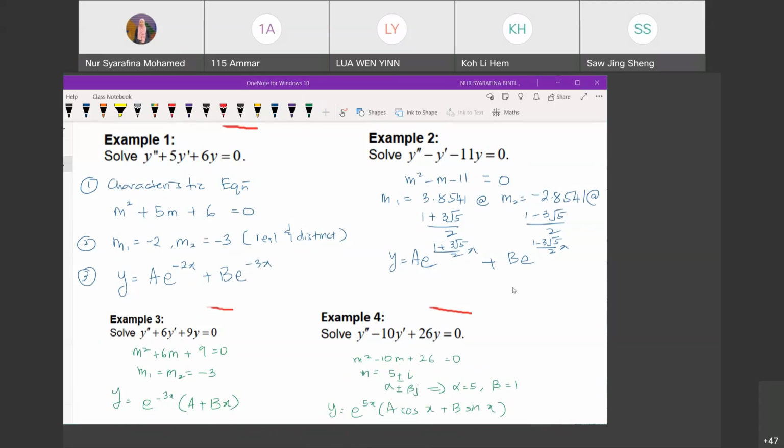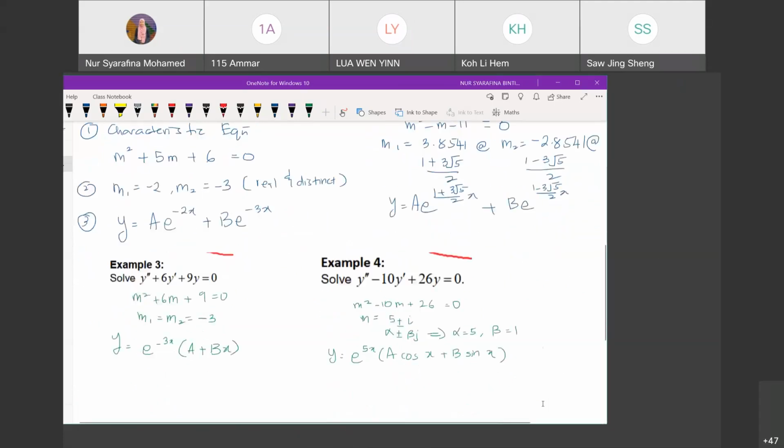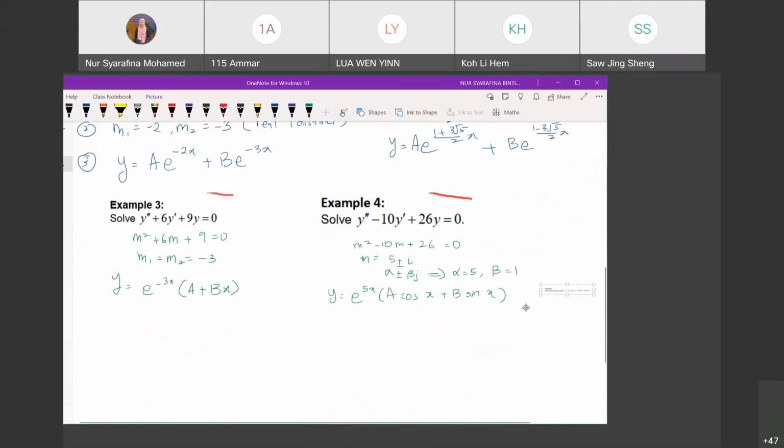Okay, instead of finding the general solution, now we are given conditions with which you can find the particular solution. Try this. Solve the differential equation.